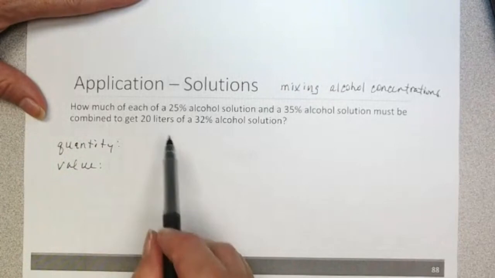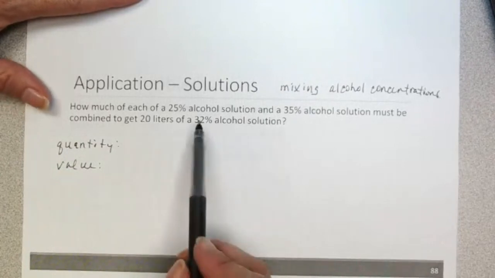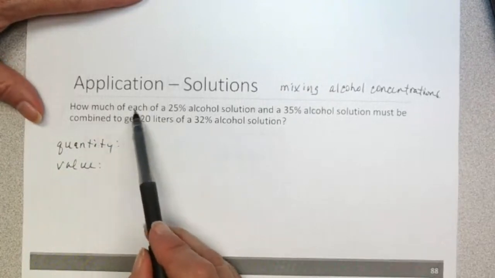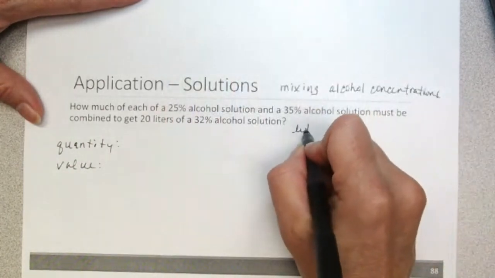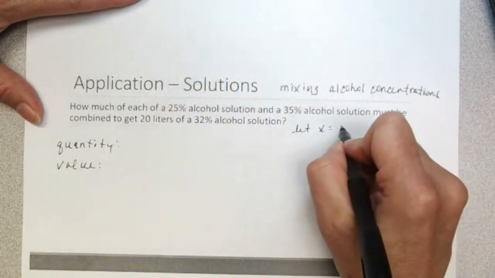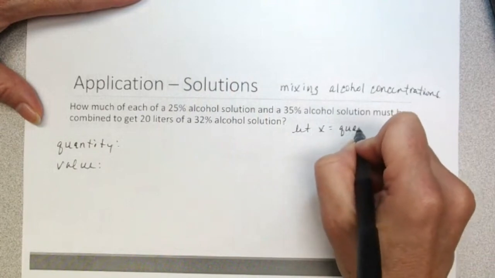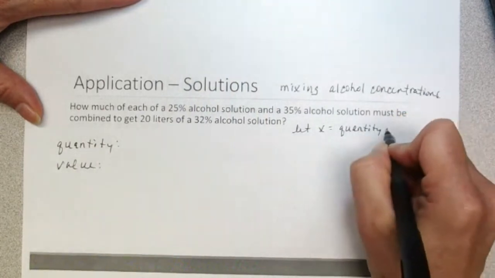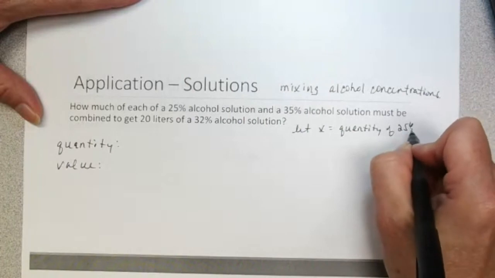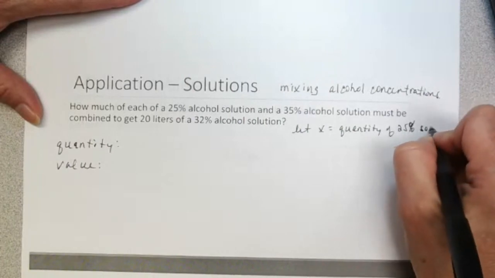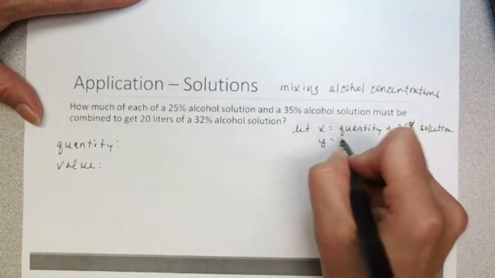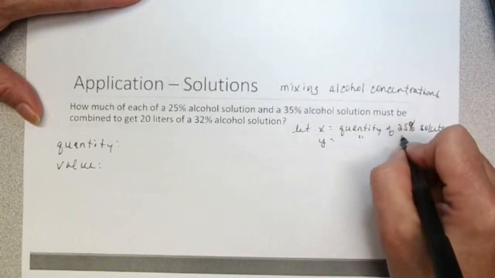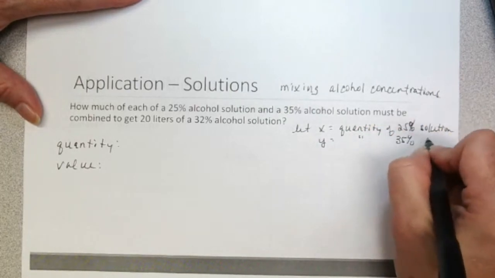All right, so what are our quantities going to be? Well, we need some variables because we don't know, right? How much of each, 25% and 35%, maybe we'll just let x equal the quantity of 25% solution, and y can be the quantity of the 35% solution.